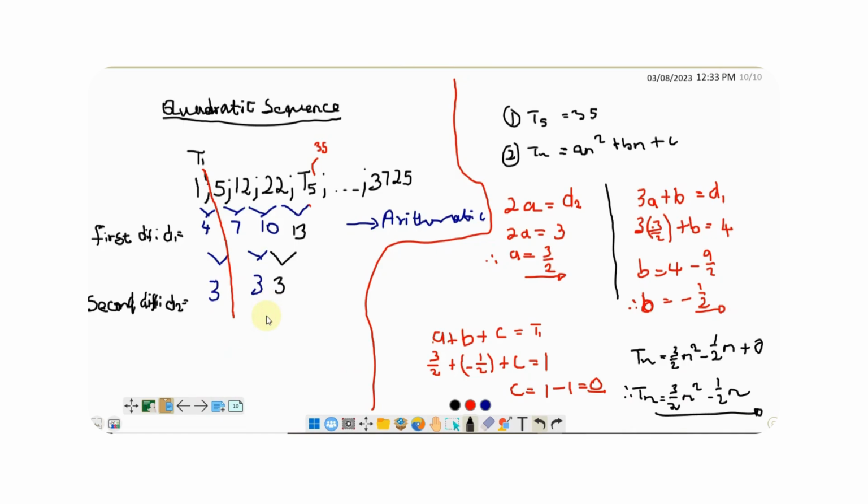So of course we're going to try and find the terms. After getting the general formula, you have to check if it is correct. You check. Tn is 3 over 2 n squared minus 1 over 2 n.